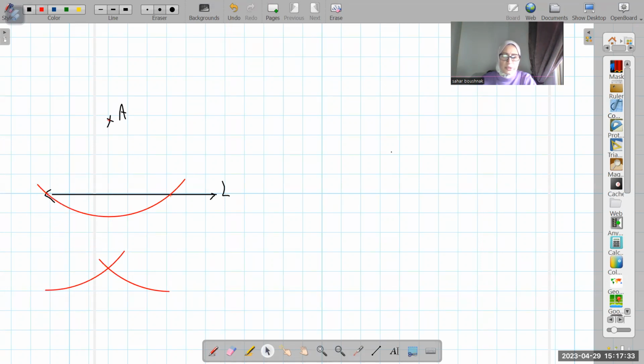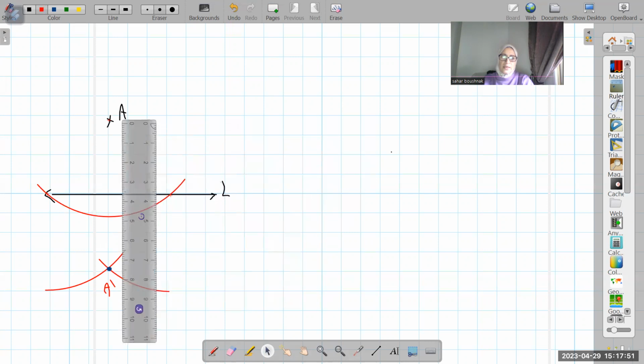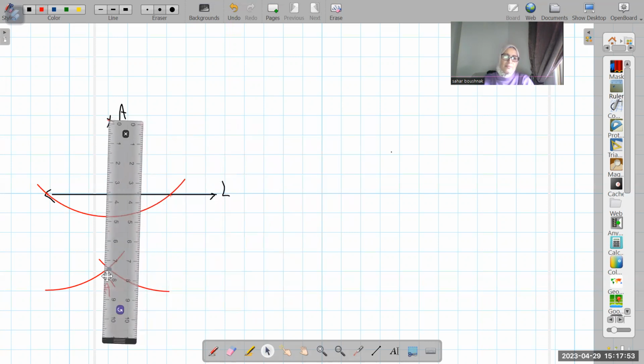This intersecting point will be the image A dash by reflection in the line L. So this is the image A dash. Remember, if you find the length between A and the line L, it must be the same as the distance from A dash to the line L.